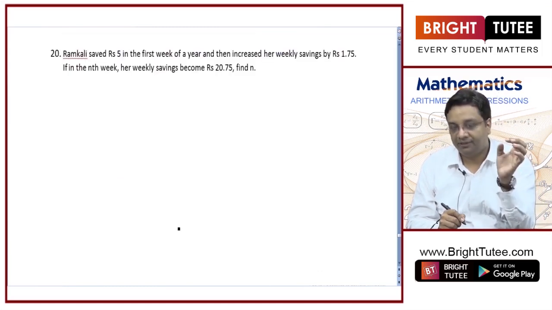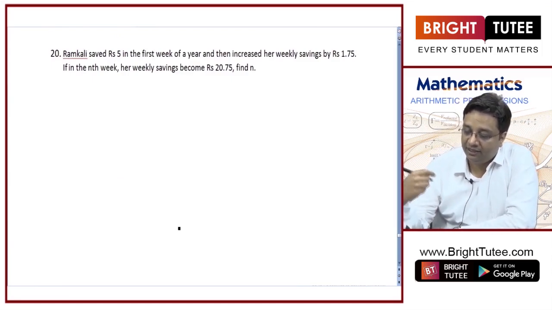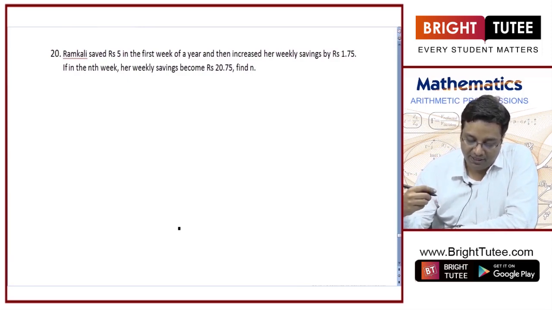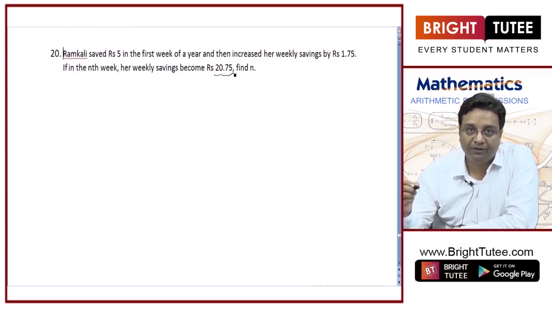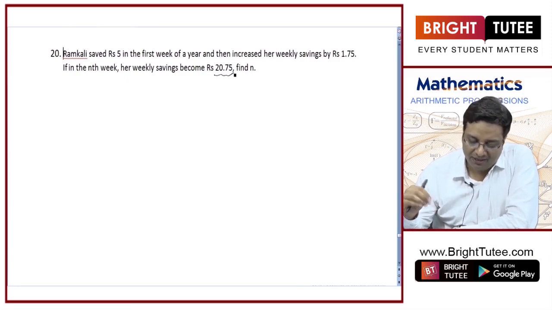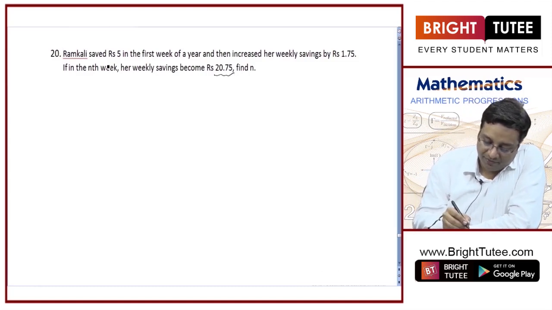And the next one says, Ramkali saved rupees 5 in the first week of a year and then increased her weekly savings by 1.75. If in the nth week her weekly savings become 20.75, find N. This is a pretty similar question to the previous one, right?